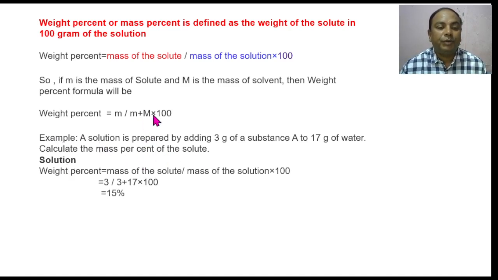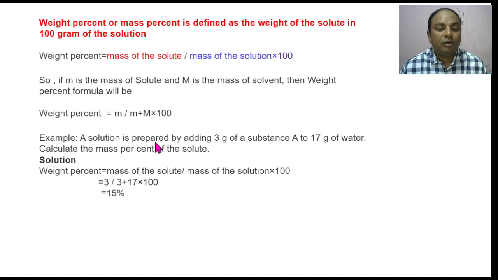So we can use the same formula in order to find out the weight percent of a solute. Here 3 gram of a substance is given, and 17 gram of another substance is given. So 3 gram plus 17 gram becomes the total mass of a solution.